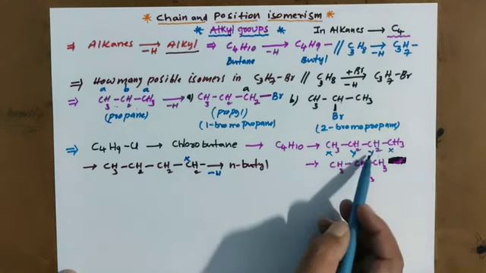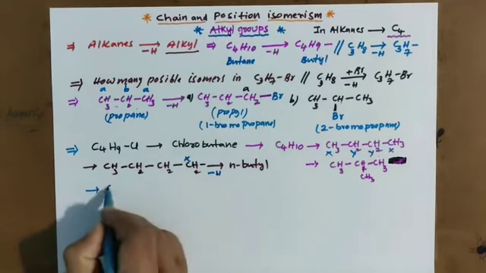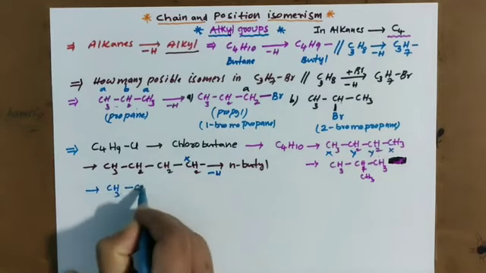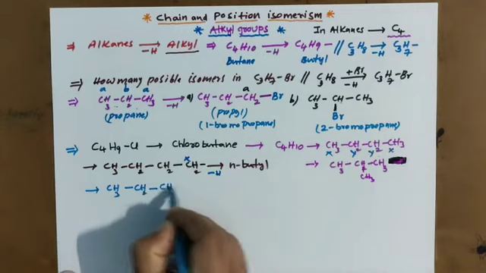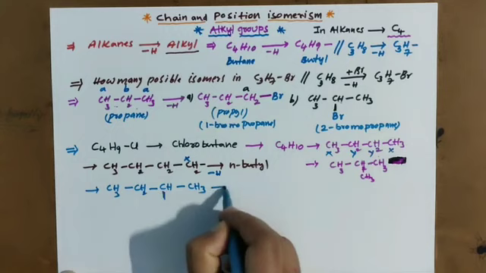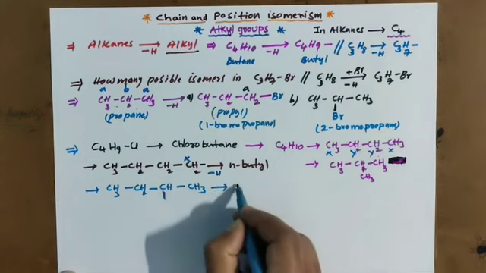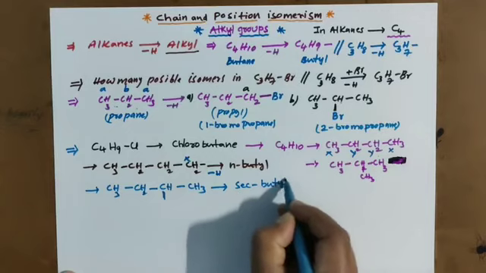Now from Y carbon I am removing: CH3, CH2, CH, CH3. Here you are getting a vacancy, and this we call secondary butyl.